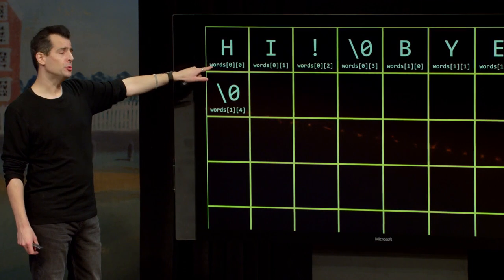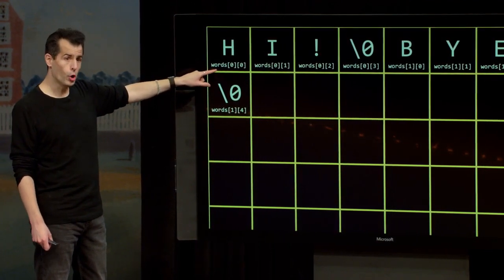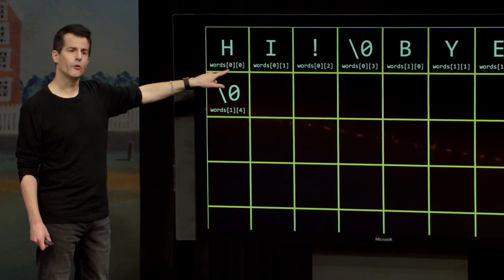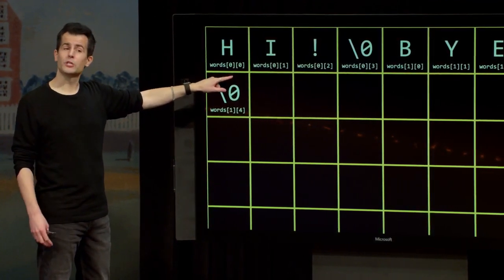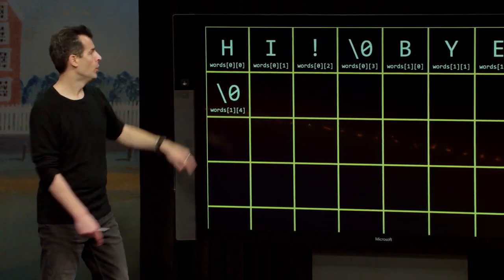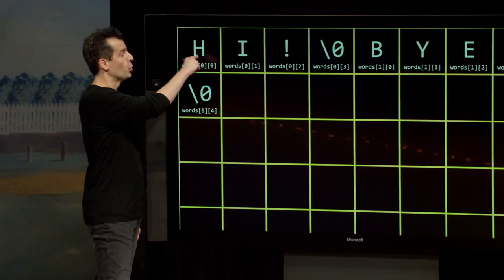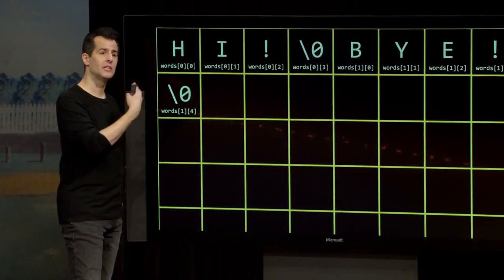So if your variable is called words, and that variable is an array, if you want to get the first word in the array, you do words bracket 0. Once you're at that word, hi, and you want to get the first character in that word, you can similarly do bracket 0. So the first bracket refers to what word do you want in the array. The second bracket refers to what character do you want in that word.